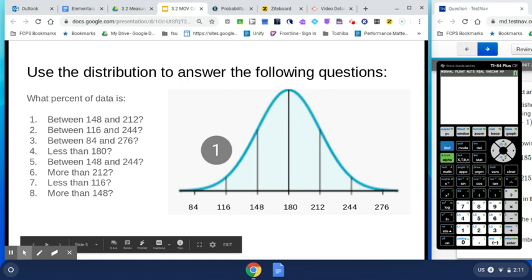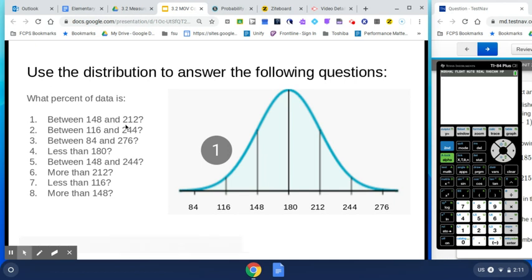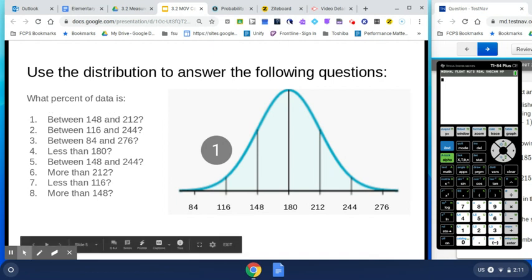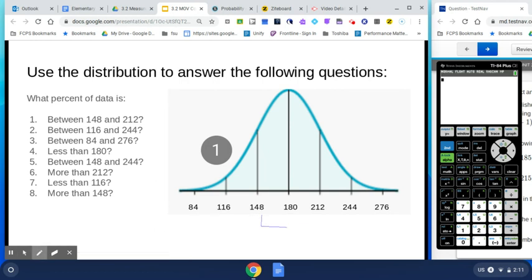So the first question says, between 148 and 212, what percent of data falls within that range? All right, so if we notice, 148 is 1 standard deviation below the mean, and 212 is 1 standard deviation above the mean.